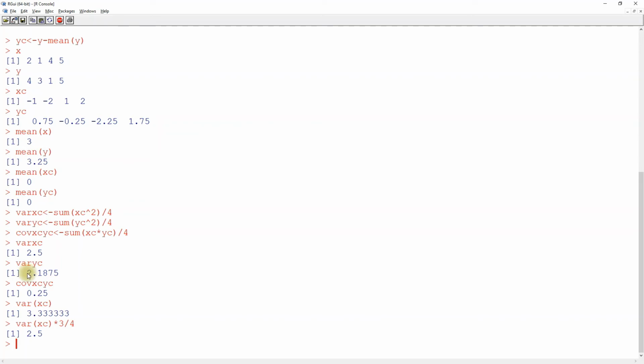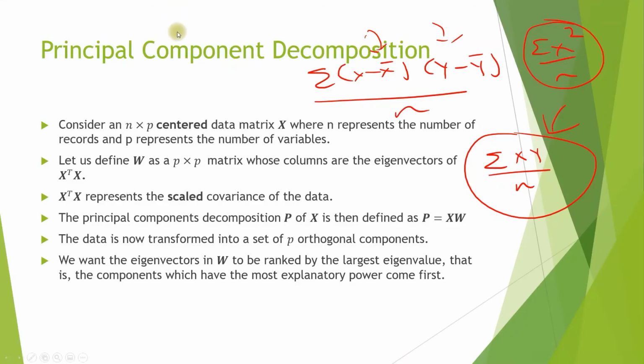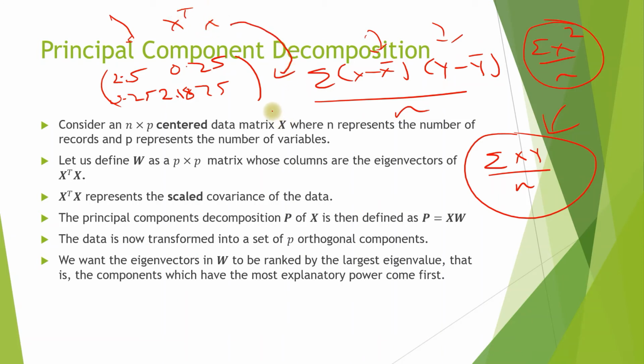Just remember that 2.5, 2.1875, 0.1875 and 0.25 will be a matrix like that. This is what we call the XTX that you've got here. This is your XTX, and from that, you can compute your eigenvalues and eigenvectors and everything if you want.